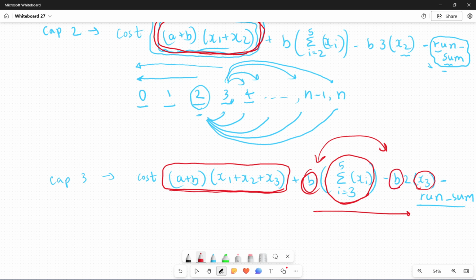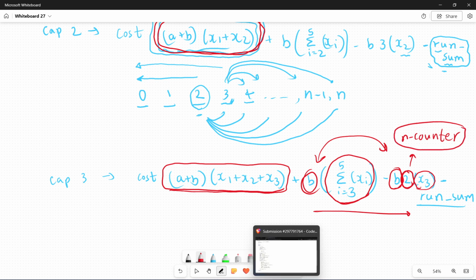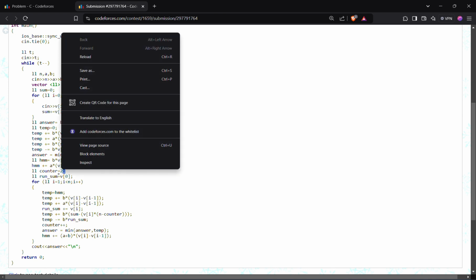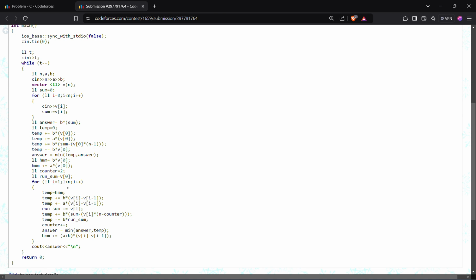These two are multiplied with b, and this 2 is taken care of with n minus counter. Okay, n minus counter. So it would have been sufficient if I didn't keep this counter and just manipulated it using this index i only. But anyways, no problem.